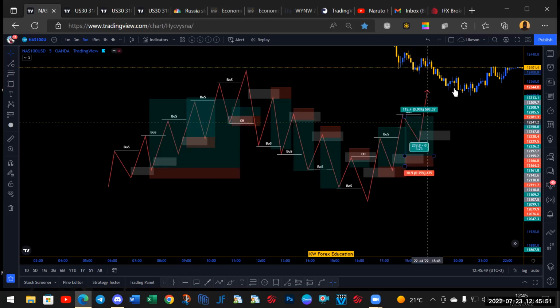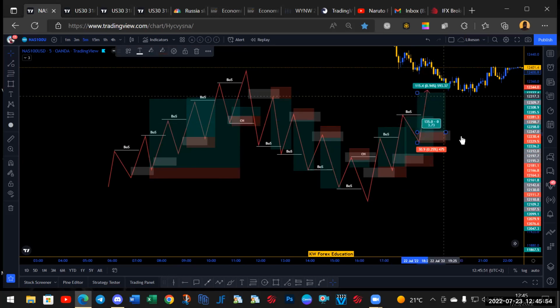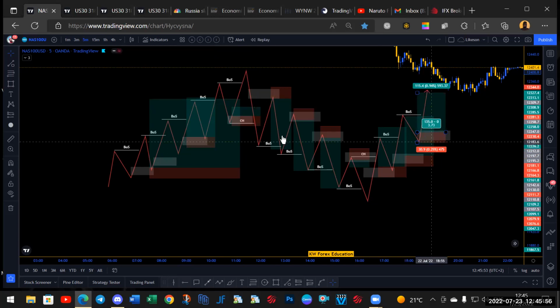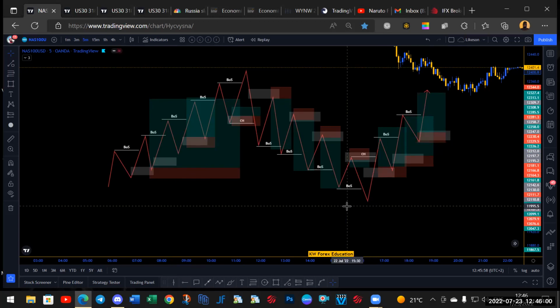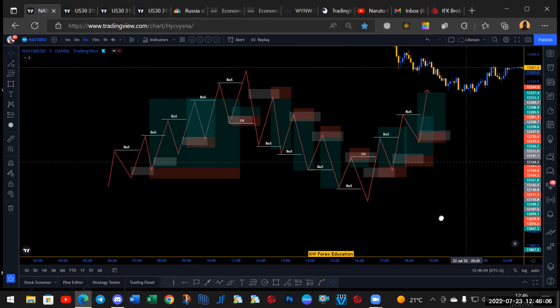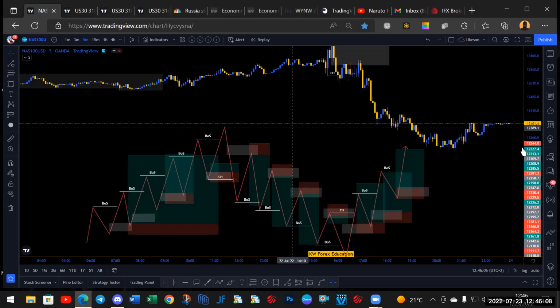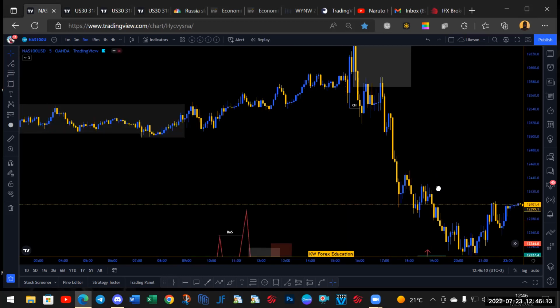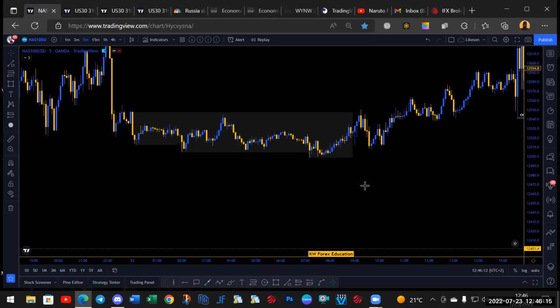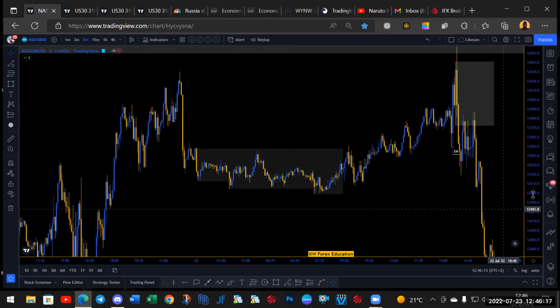It leaves you, and you wait for the next one. So you don't care where the market is going. You're just going with the order flow. So now let's look at some examples of how this would have gone with this market.